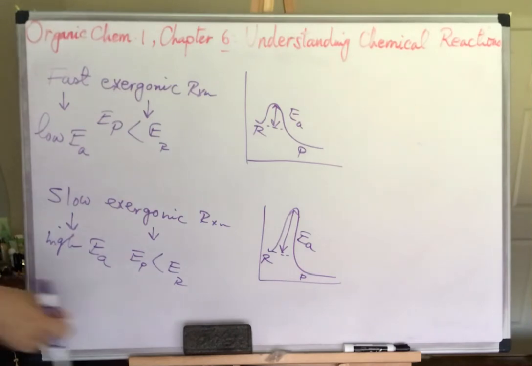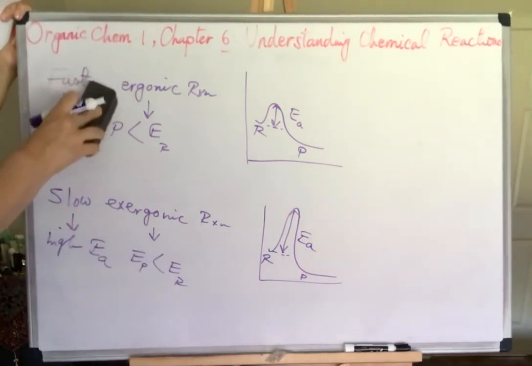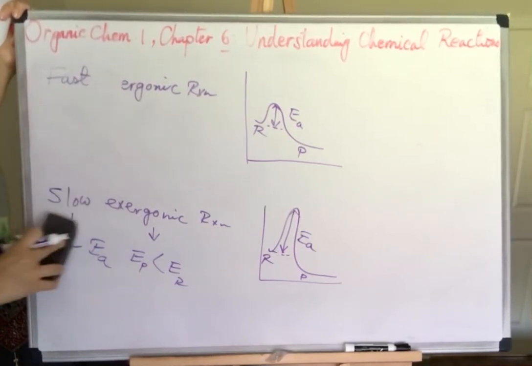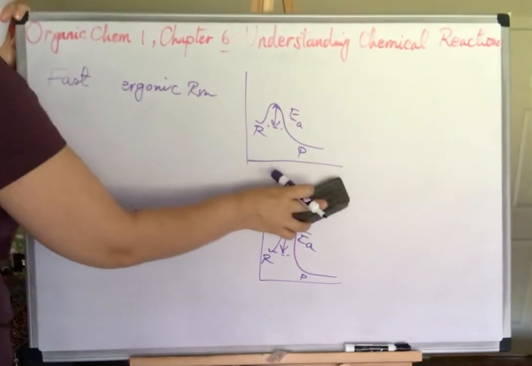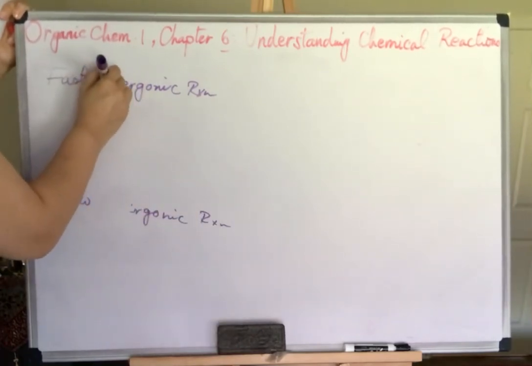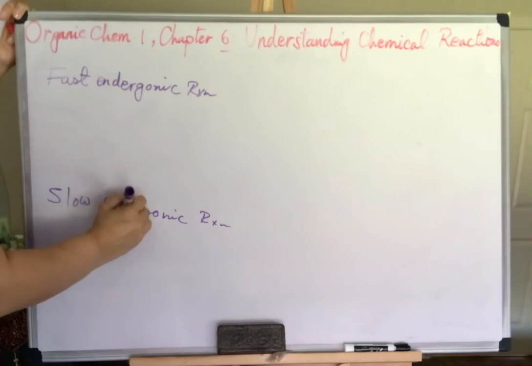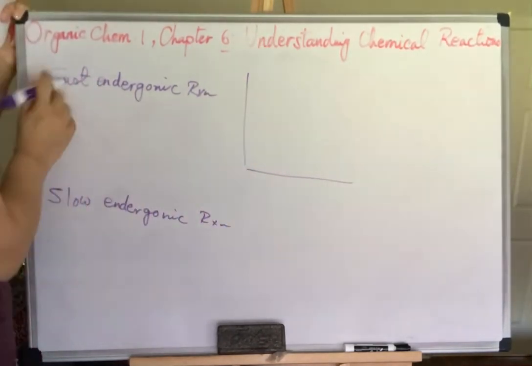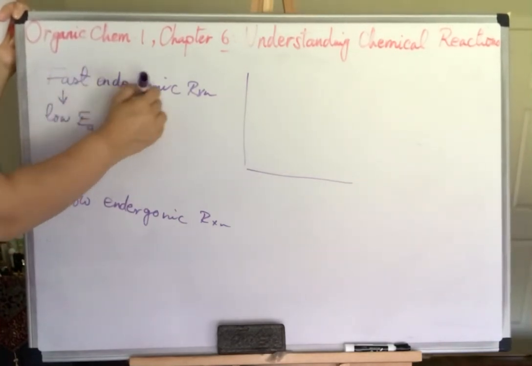Okay? So I'm sure now you can talk about fast endergonic and slow endergonic. Fast again means low activation energy.